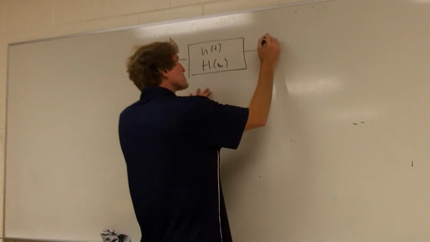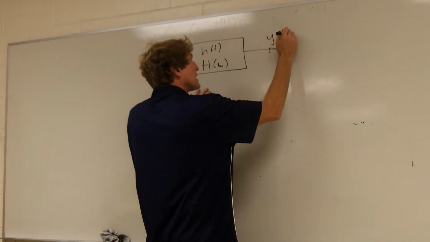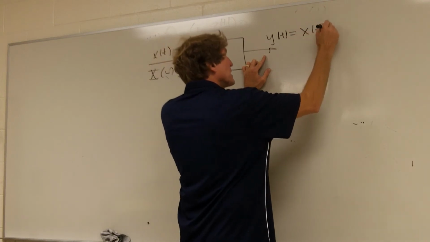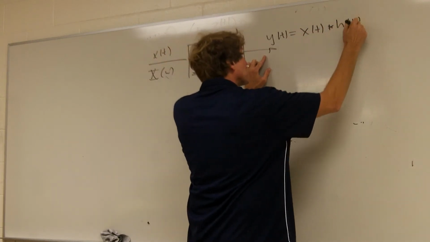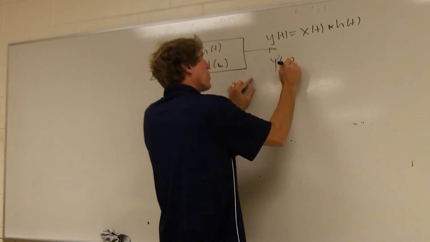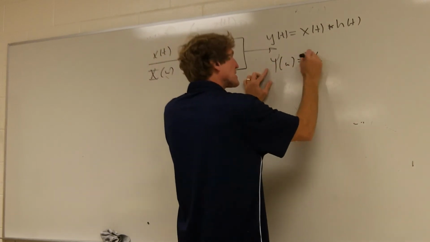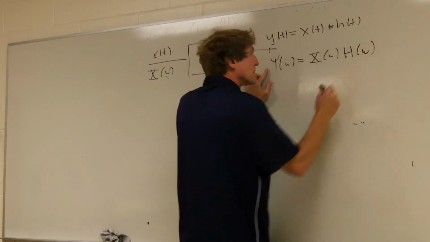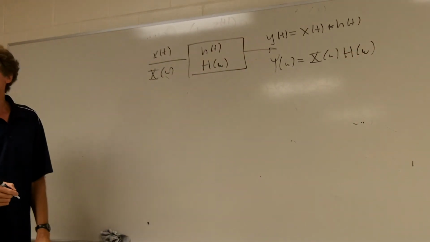Output of the system is described by y of t equals x of t convolved with h of t, or y of omega is x of omega times h of omega. The general form of systems.